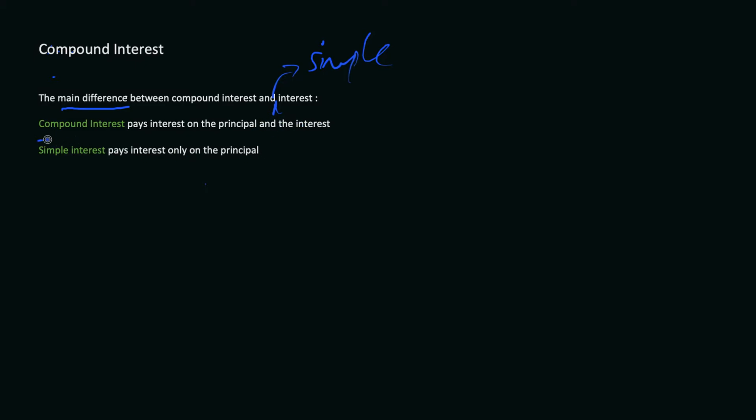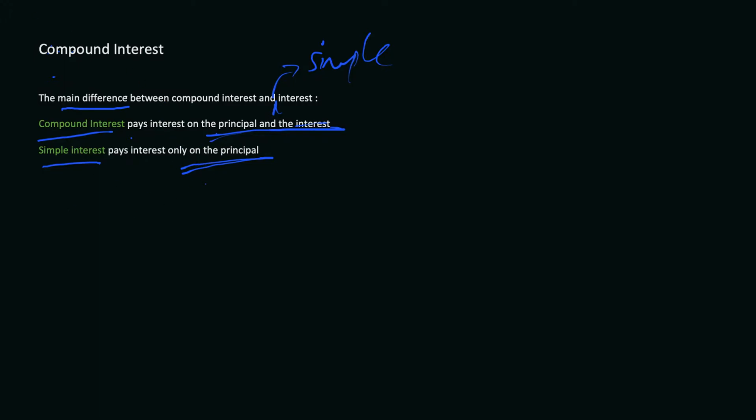Compound interest is an interest that pays you on both principal and the interest. So interest is calculated both on principal and on the interest earned, whereas simple interest is just an interest on the principal. That's the main difference. And we will go through a couple examples to make this clear.